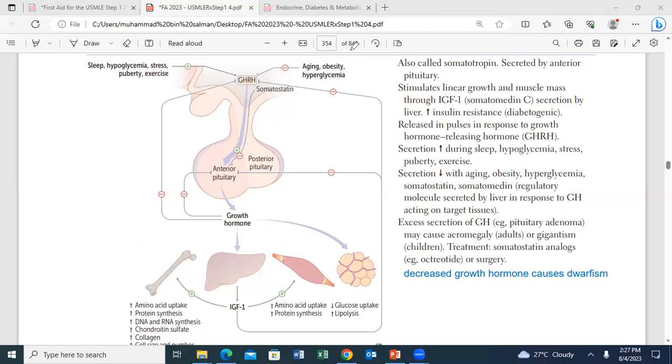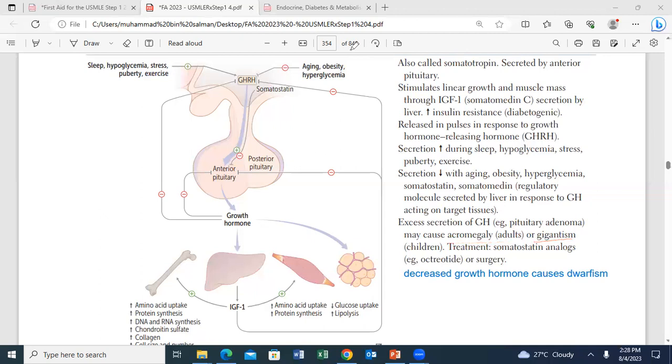But if the increased growth hormone occurs after the growing age, for instance, a person of age 30 having increased growth hormone, the height is not going to increase. In this condition, there will be symptoms such as enlarged hands, enlarged feet, enlarged facial features, and these kinds of bizarre symptoms. And this is called acromegaly. So increased growth hormone in adults leads to acromegaly, but in children it leads to gigantism.